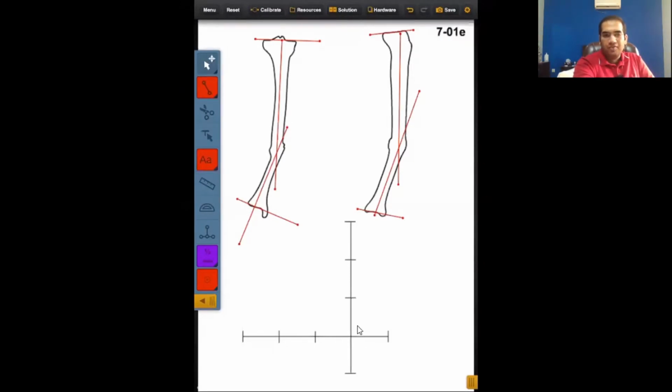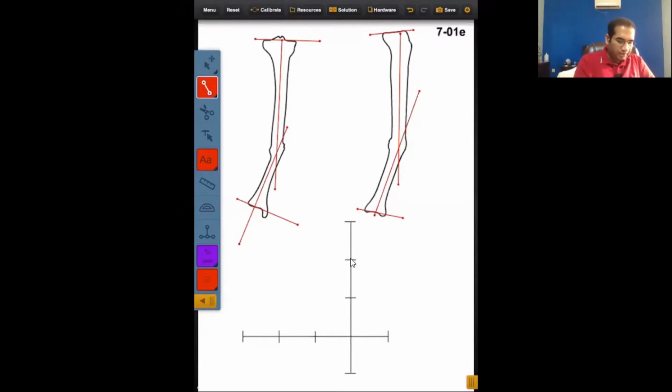In a lateral view, this is the anterior end and this is the posterior end, and it's a procurvatum with an anterior apex, so I will go up 10 millimeters, 20 millimeters, and this location will point to the amount of procurvatum.